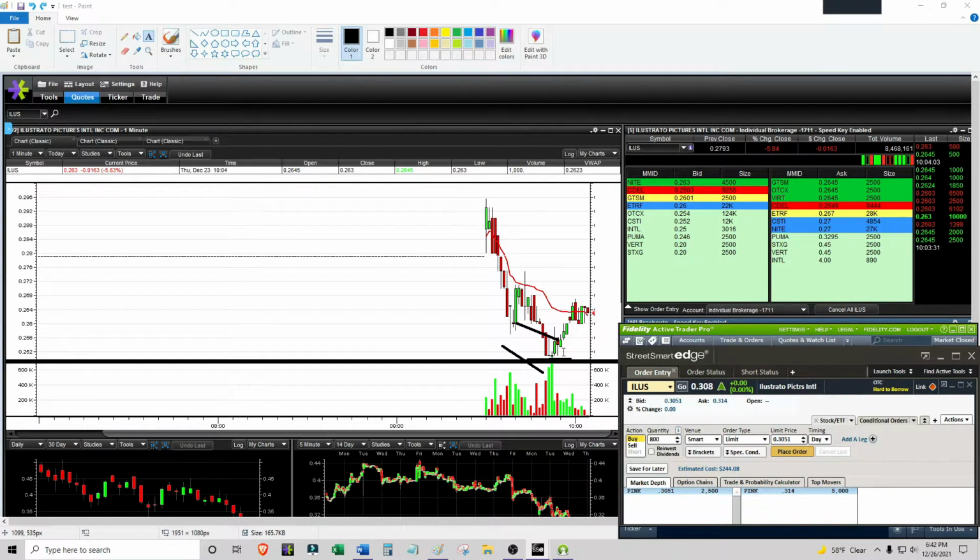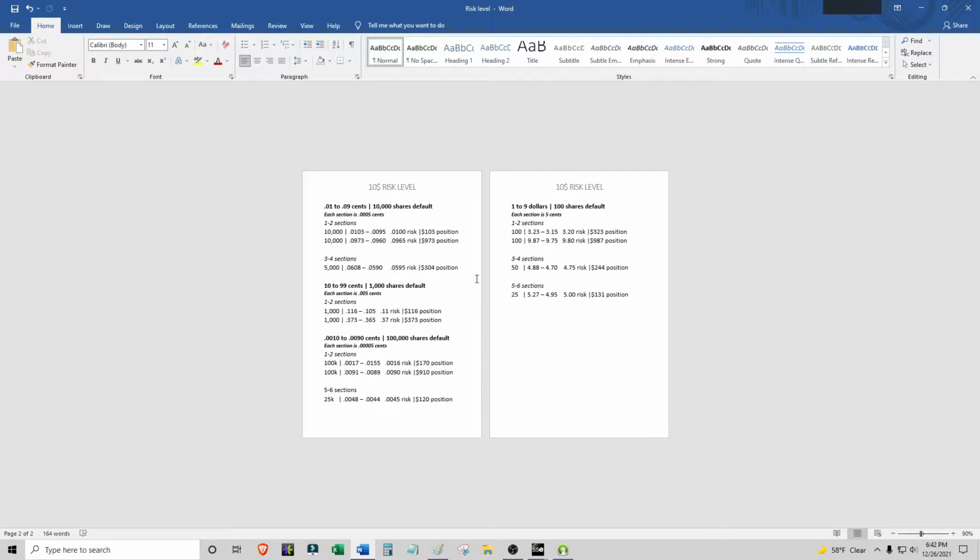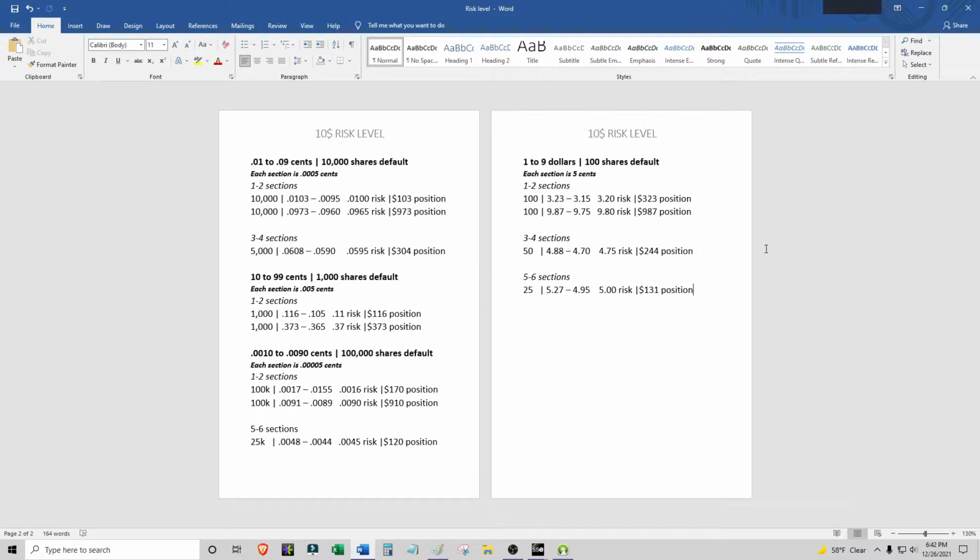So I started messing around a little bit, and I kind of figured out a little system that's going to help with how to trade, and I put it right here. Let me try to zoom in, but as you can see, I made this little chart here, and this thing goes from sub penny stocks to something up to $9.